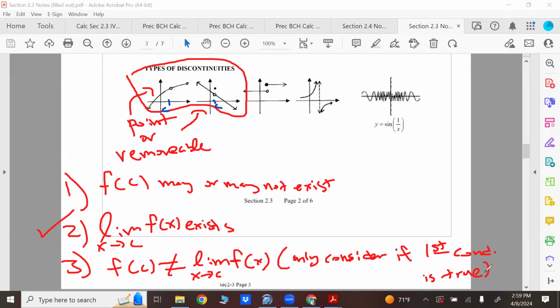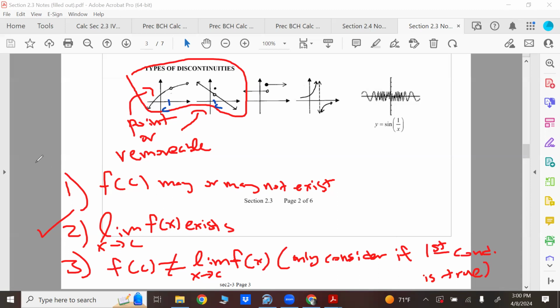Like that second graph, f(c) does exist. So the second graph, does it satisfy the first condition? Yeah. Does it satisfy the second condition? Yeah. Does it satisfy the third condition? No. Here, this satisfies the first condition, this satisfies the second. So seconds are always favored for point or removable discontinuity. It's the first and third unknowns. So that's one way of looking at it from a formal perspective.